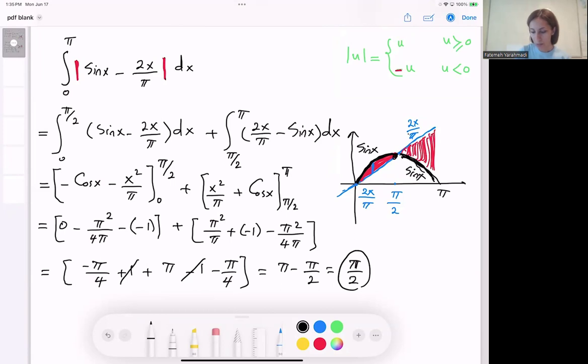So if I subtract sine from 2x divided by pi, this is positive, and I can get rid of the absolute value by rewriting it as 2x divided by pi minus sine x. Integrals including absolute value are usually a little bit more confusing for students. But by practice, we can feel more comfortable about these contents.